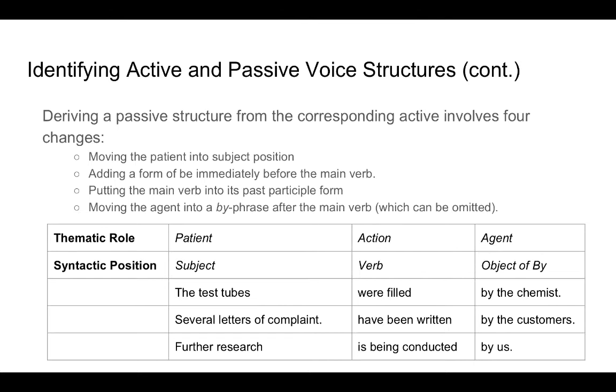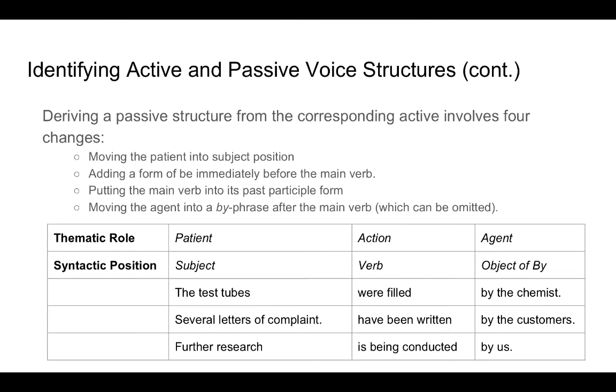So you change it into its past participle form, which usually requires an auxiliary verb like were or have been. Then you move the agent, which should be doing the action, to a by phrase after that verb. And it can also be omitted.